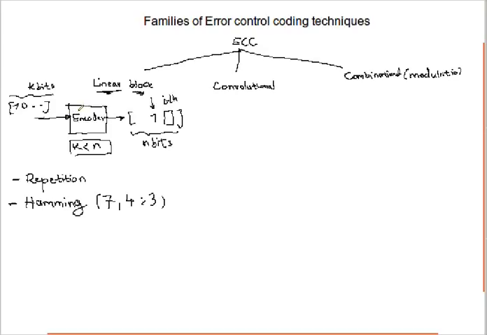This block is a binary matrix that you multiply by the inputs, so it's basically a matrix that you multiply your k-bit stream by to obtain your output. For example, for this kind of code 7,4,3, the matrix of your encoder will be in this form.